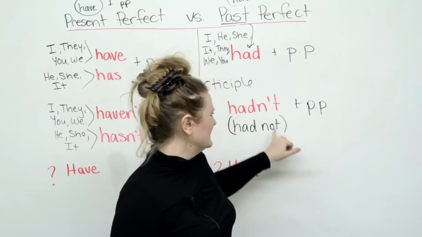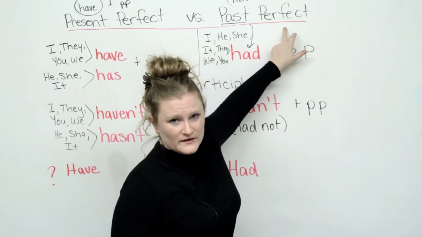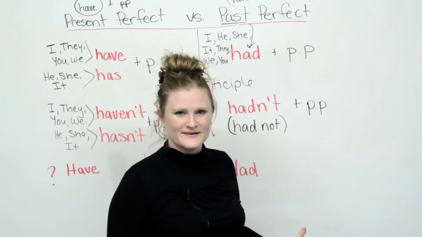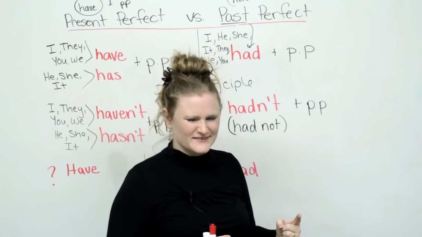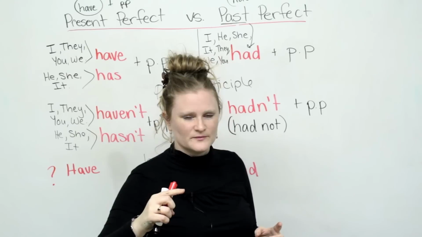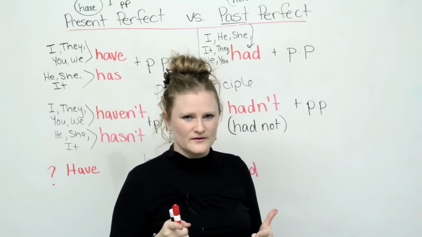But we usually say hadn't. And again, because it is perfect, you have to use the past participle or the PP of the verb. Is this easy now? So, present perfect is have plus the past participle. Past perfect is had plus the past participle.